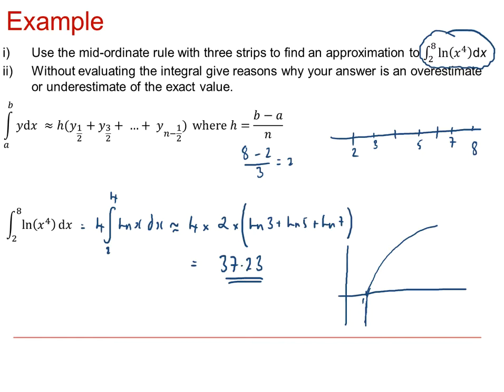So critically, we can see here that this is a downward facing concave curve, and therefore for each of the rectangles that we draw, the extra piece which is above the curve is going to be larger than the piece which is missing from the integral, and therefore this must be an overestimate.